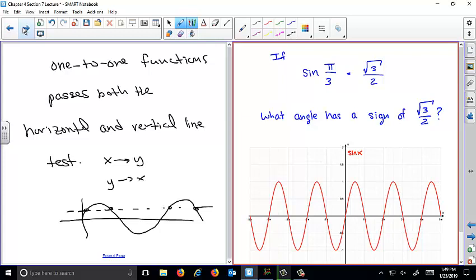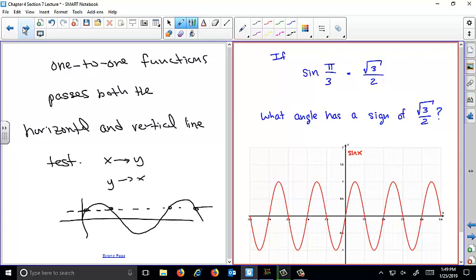Before we do that, we've talked about what the values of certain angles are in either radians or degrees. So we know that the sine of pi over 3 is the square root of 3 over 2, or the sine of 60 degrees is square root of 3 over 2.